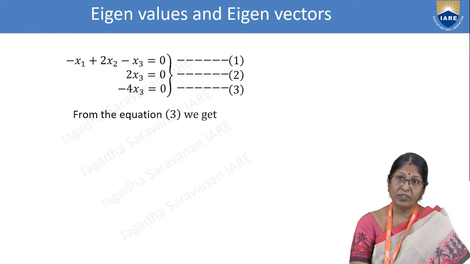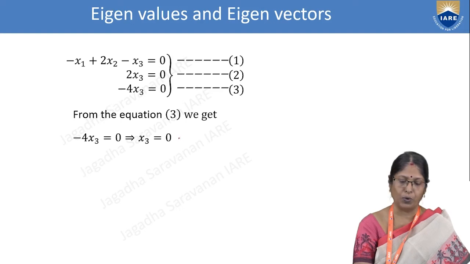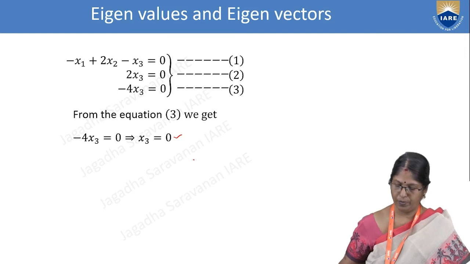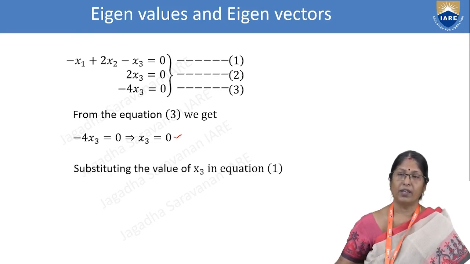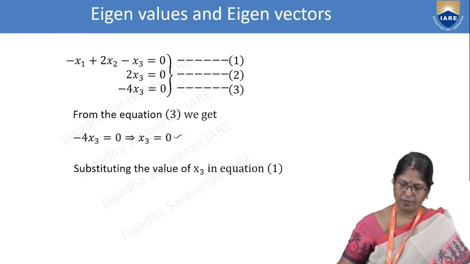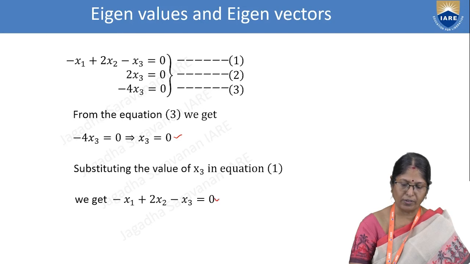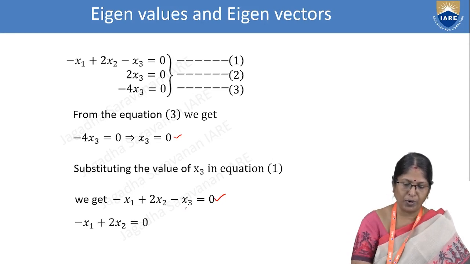From equation 3, that is -4 x3 equal to 0, so x3 equal to 0, we got one value. Even equation 2 also we can take, nothing wrong in it. Substituting the value of x3 in equation 1: we substituted, so x3 is 0, so it is not written.